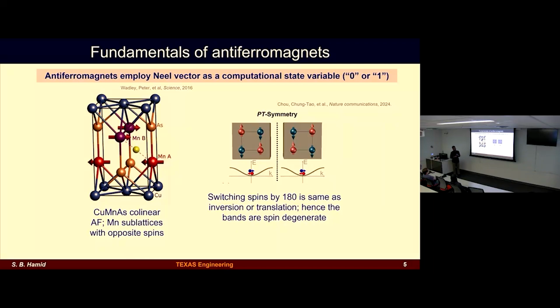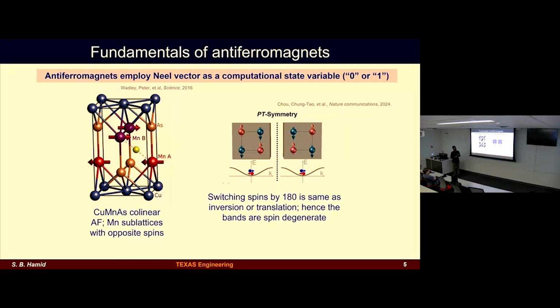Interestingly, for these types of materials, inverting the direction of each spin is essentially the same as inverting the atoms with respect to this green point in the middle, or by translating between the neighboring sublattices. For these inversion and translation symmetries, the materials that have these symmetries are known as PT symmetric materials.